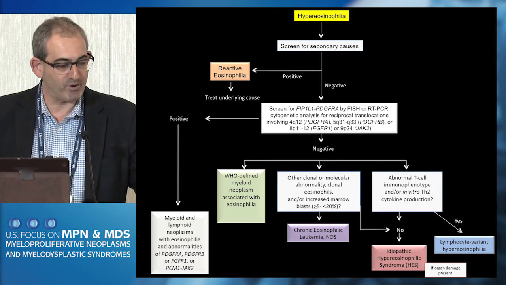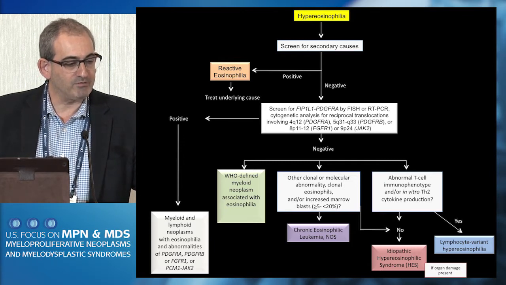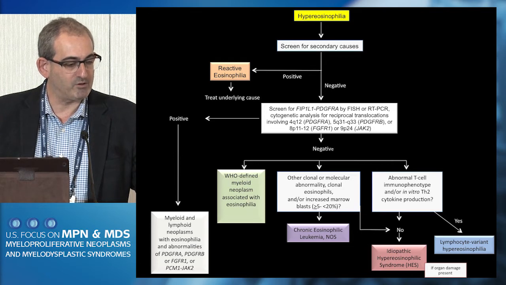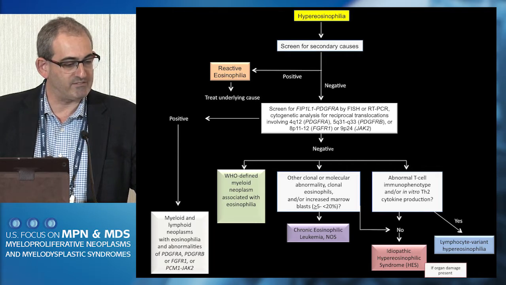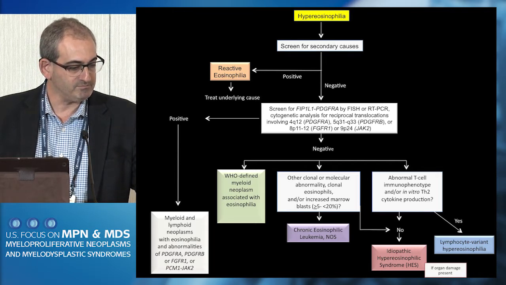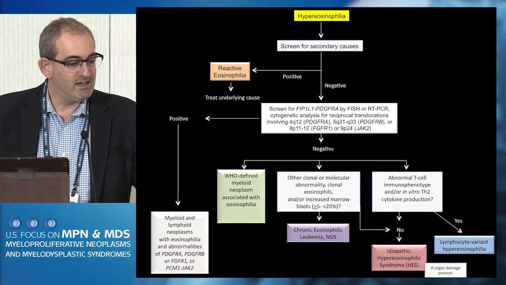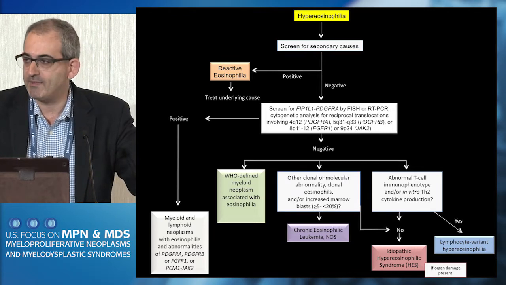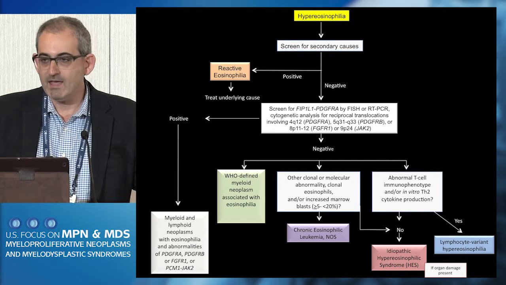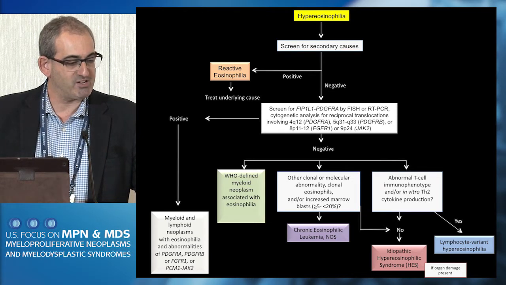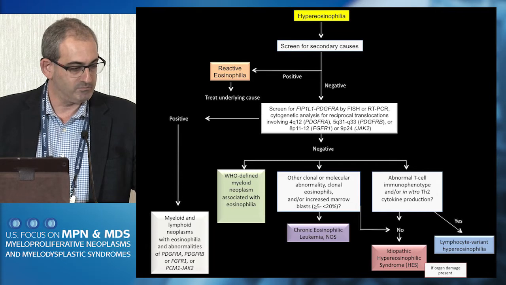If that is not present, then I'll look for an abnormal clone of T cells, either by PCR or by flow, and we refer to those patients as lymphocyte variant hypereosinophilia. And if that does not exist, then we're left with patients with idiopathic hypereosinophilia if organ damage is not present, and idiopathic hypereosinophilic syndrome, or HES, if organ damage is present.